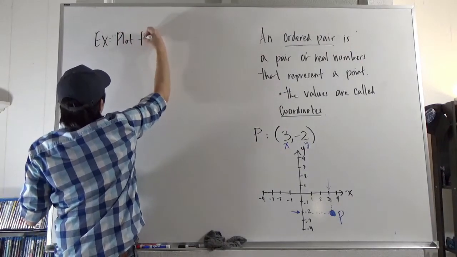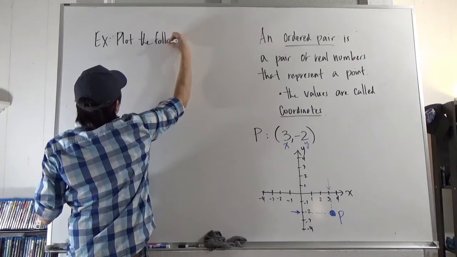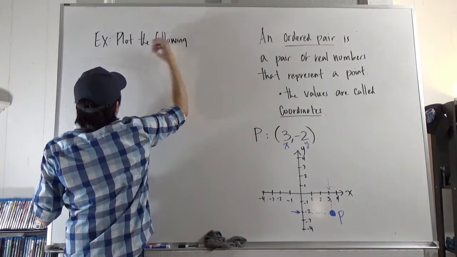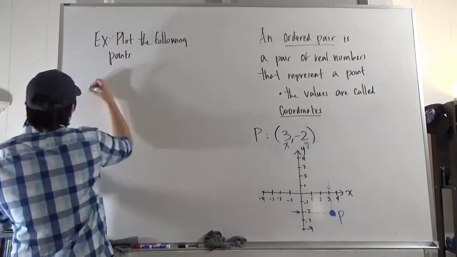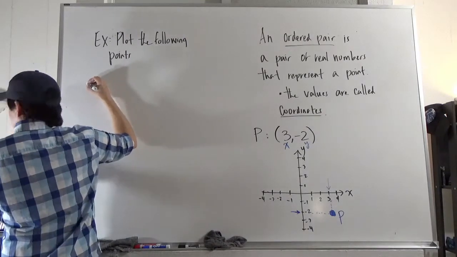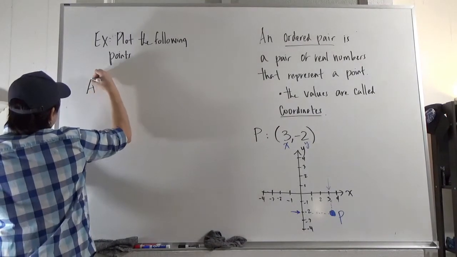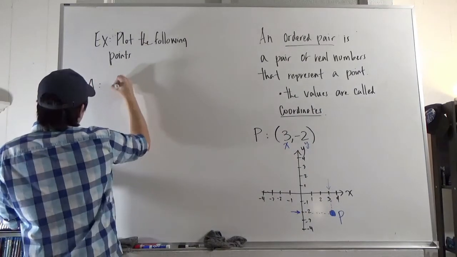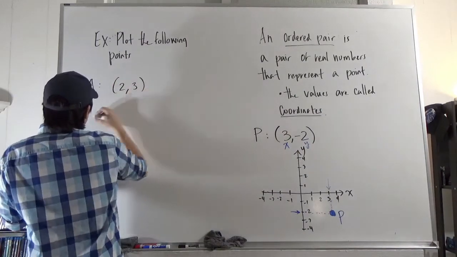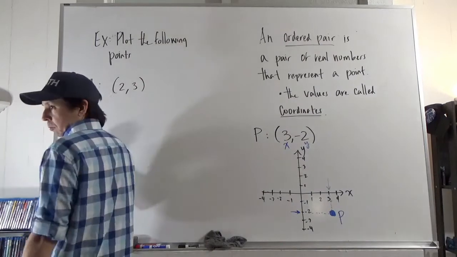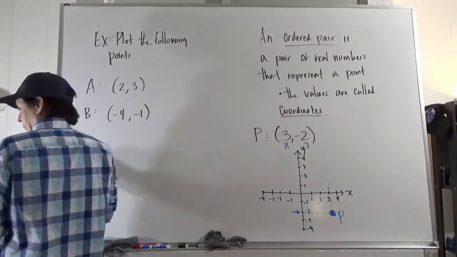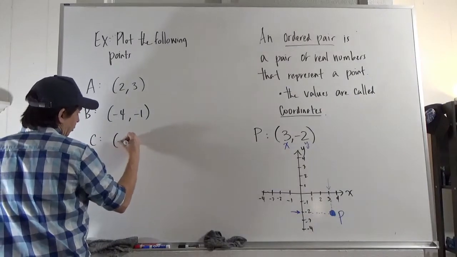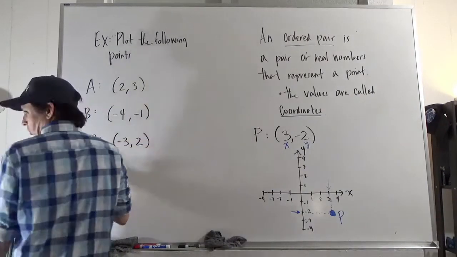Plot the following points. Point A is 2, 3. B is -4, -1. C is -3, +2.